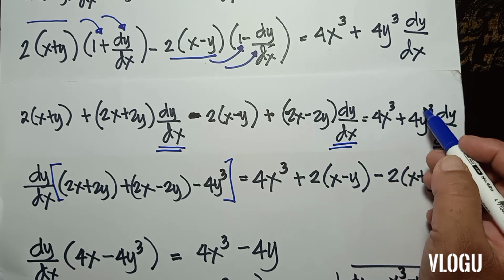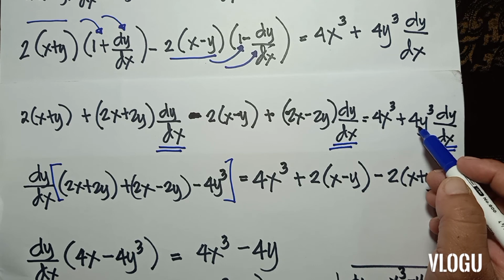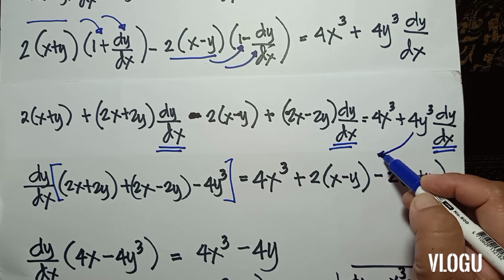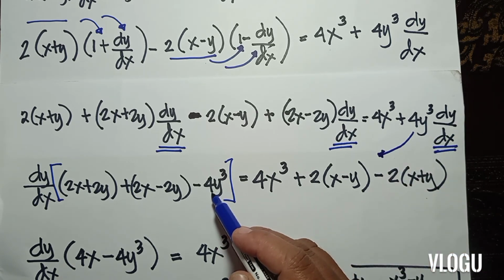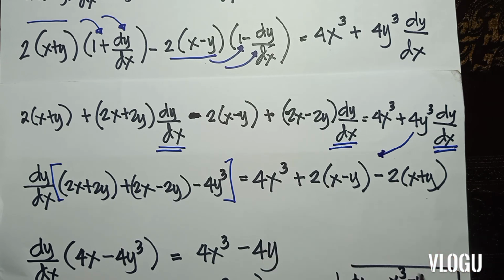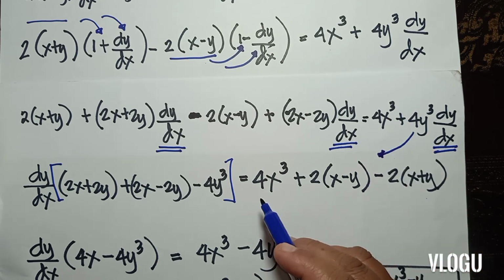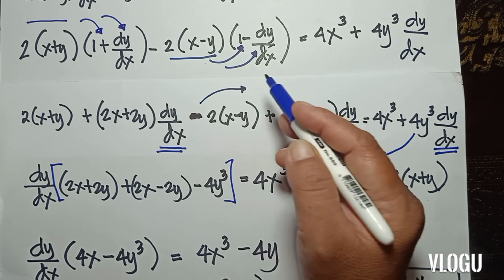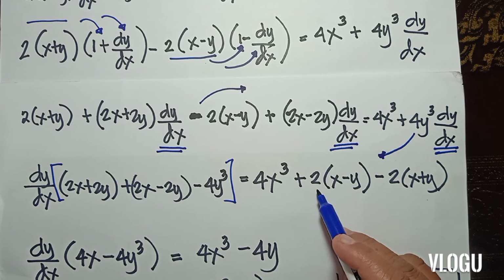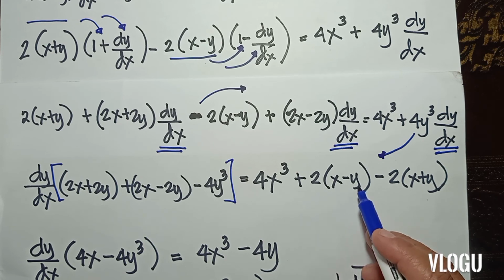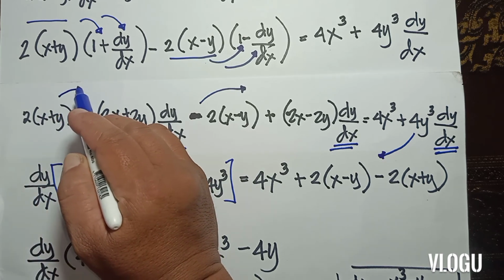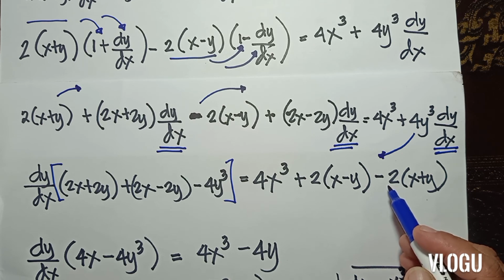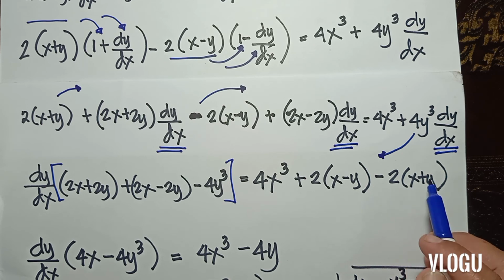If we are going to transpose to the other side, this would become negative because of the equal sign. So at the right side, we have 4x cubed. This one is negative, transpose to the other side, that becomes positive. So positive 2x minus y. This one is positive, transpose to the other side, that becomes negative. So that's the reason we have negative 2x plus y.